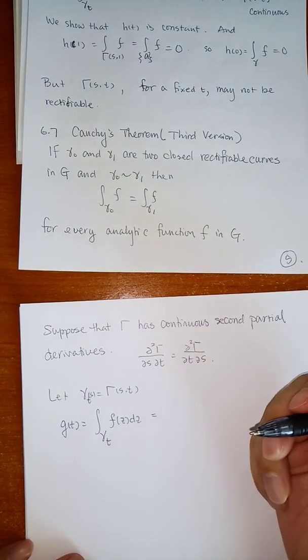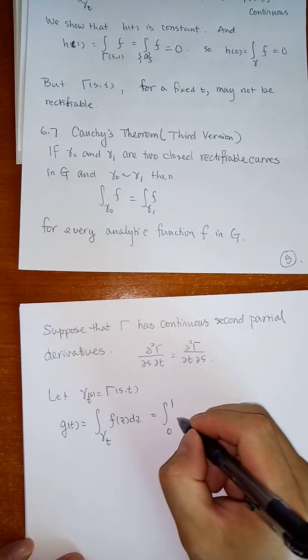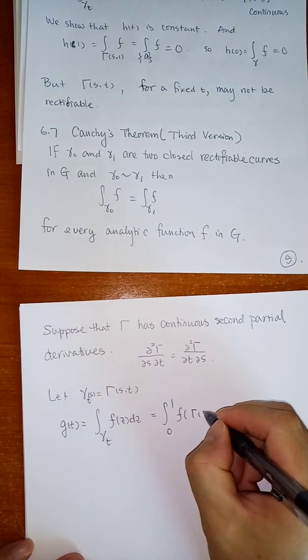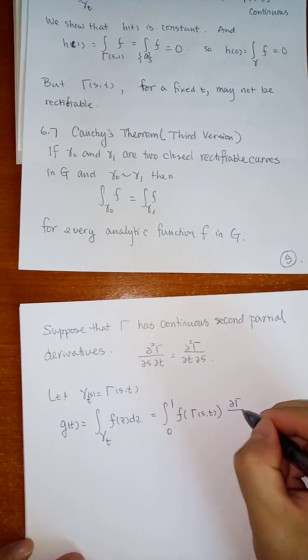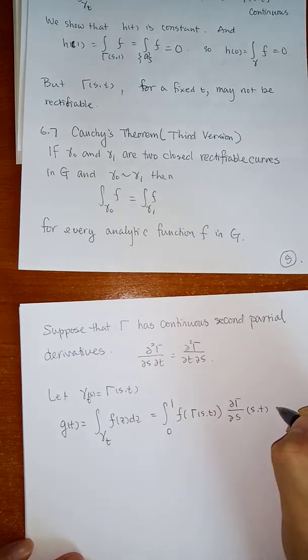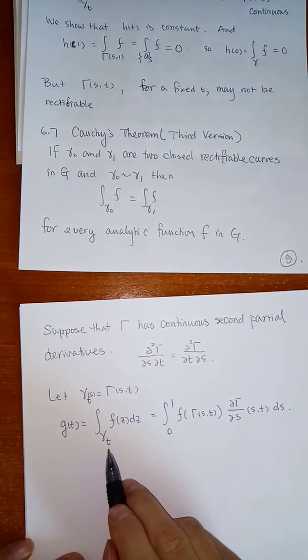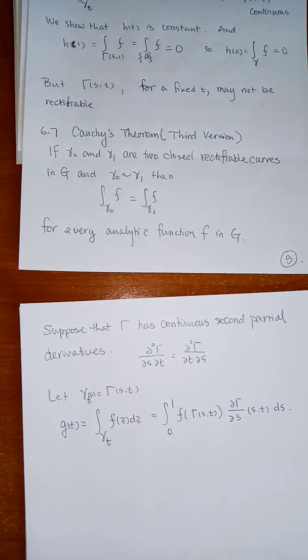It's a smooth curve, it is differentiable. So it's the integral from 0 to 1 of f of capital gamma st times partial gamma partial s st ds. Okay, remember this is a fixed t, it is a middle step curve.